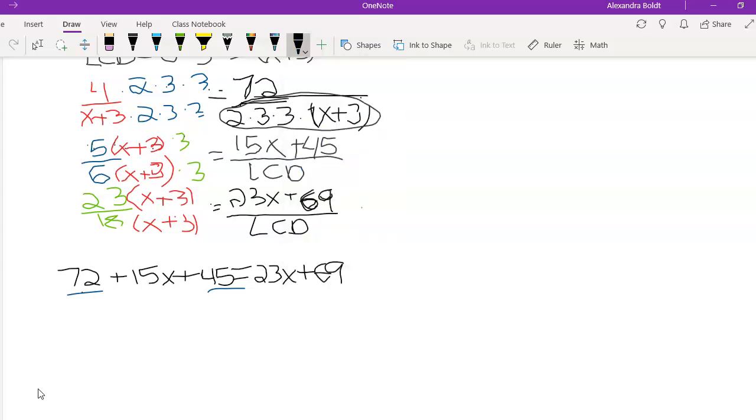And I get plus 117. That's not right. I wrote way too many things. I think I figured out how to use this stylus better, so let's hope.